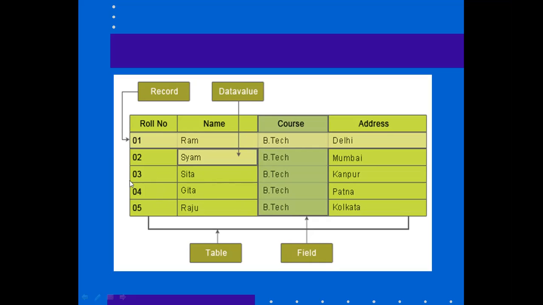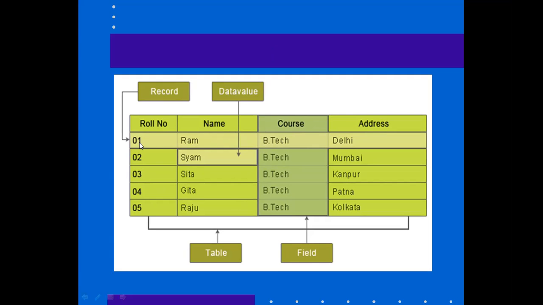Now in the database language, roll number, name, course, and address are called fields or attributes of the database. If I name this database the student database, then roll number will be attribute 1, name attribute 2, course attribute 3, and address attribute 4.